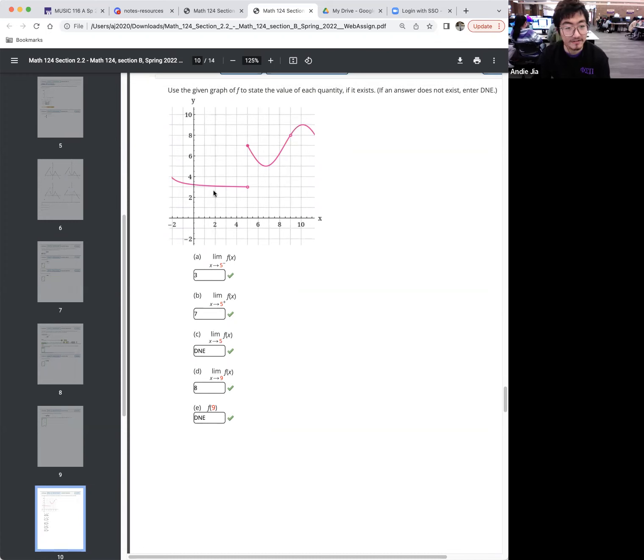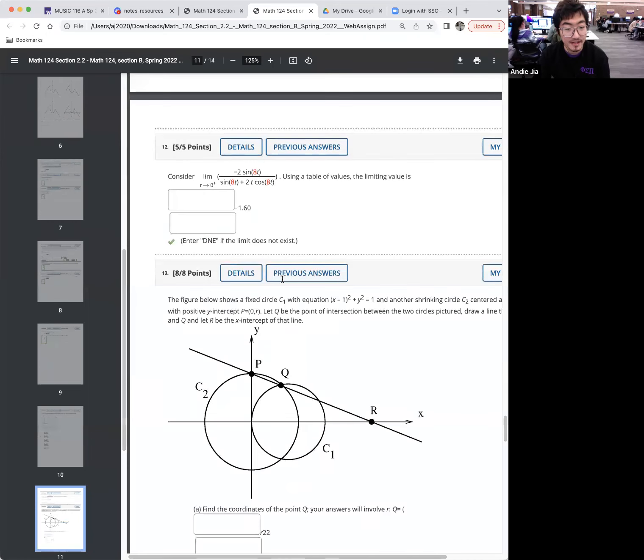You see here is the jump discontinuity, and where the limit is. And for here, you just use a table to approximate, because you have not learned the limit evaluation strategies yet. So I'll be talking about it after this video.